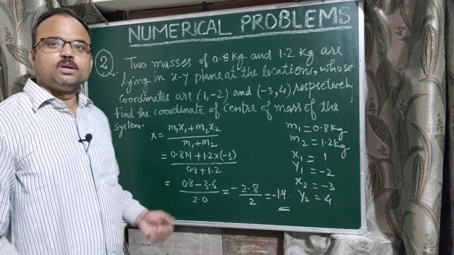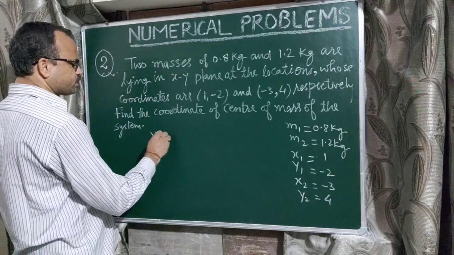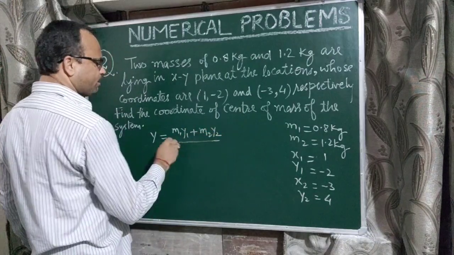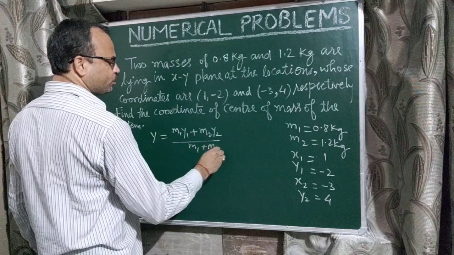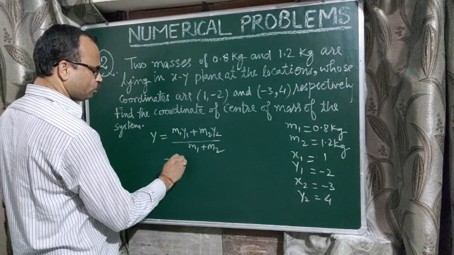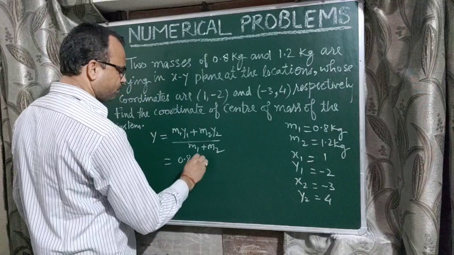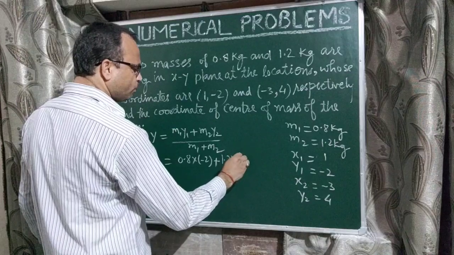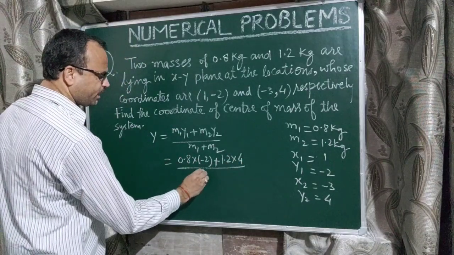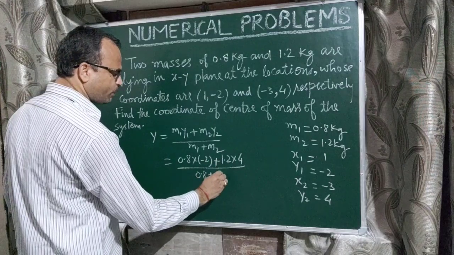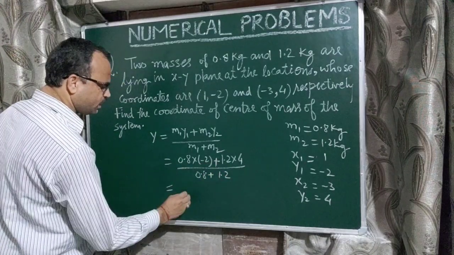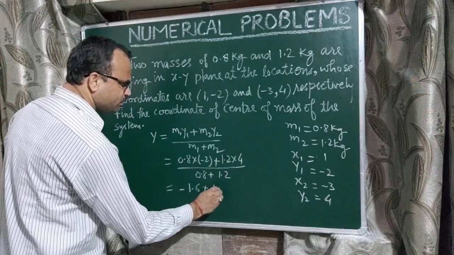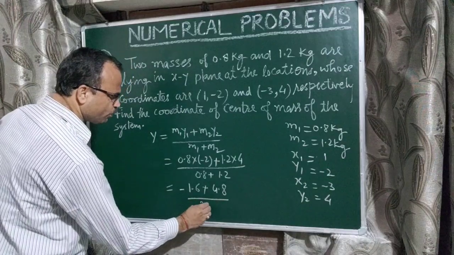Similarly, we can find y. The y coordinate of the center of mass is (m1 y1 + m2 y2) upon (m1 + m2). Now substitute the values: 0.8 into y1, which is -2, plus m2, 1.2, into y2, which is 4, upon m1 0.8 plus m2 1.2. So 0.8 times 2 is 1.6, meaning minus 1.6, plus 1.2 times 4 is 4.8, upon 2.0.